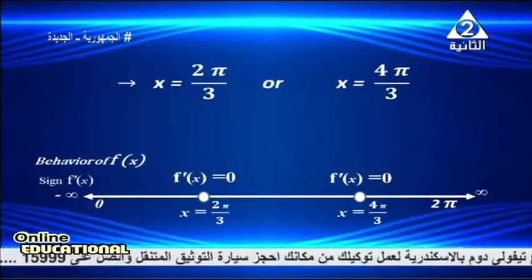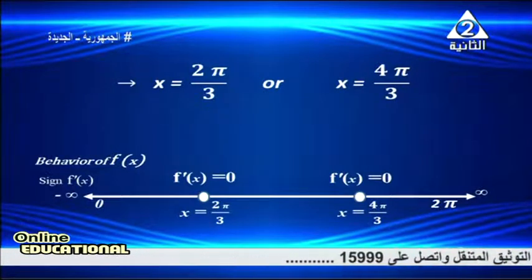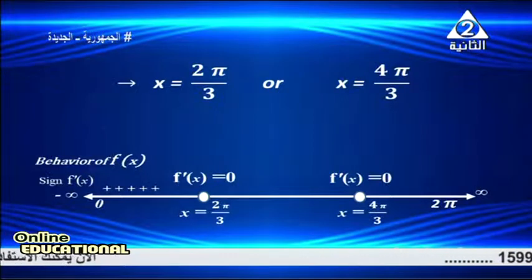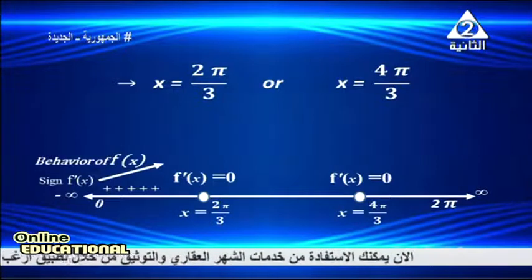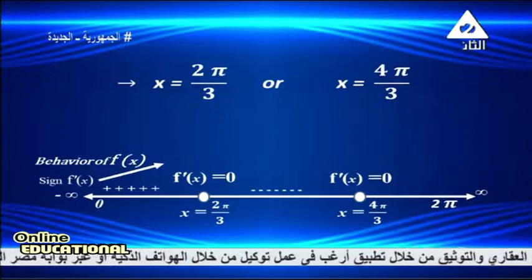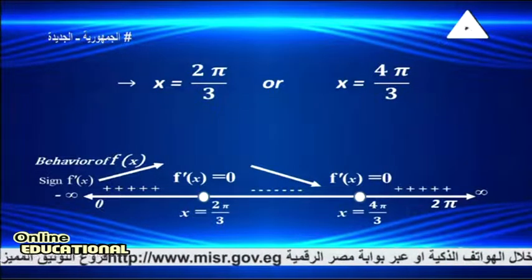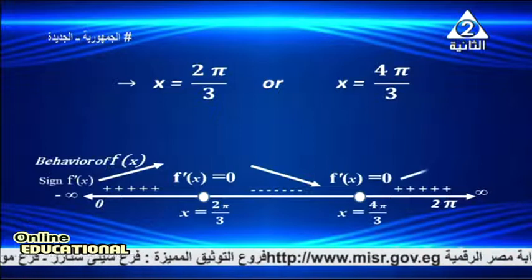What about the sign of f'(x) in these intervals? In the first interval, f'(x) is positive and the function is increasing. In the second interval, f'(x) is negative and the function is decreasing. In the third interval, f'(x) is positive and the function is increasing.